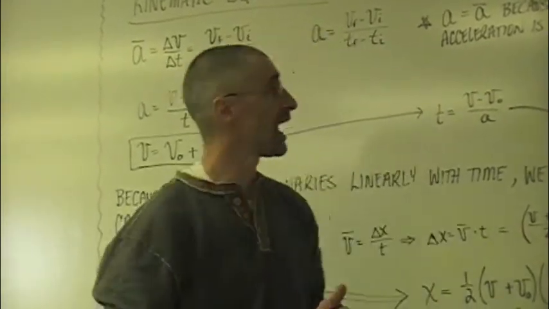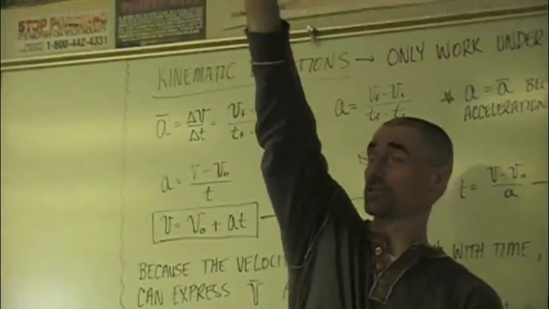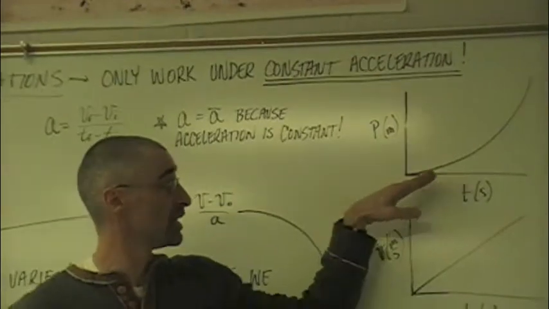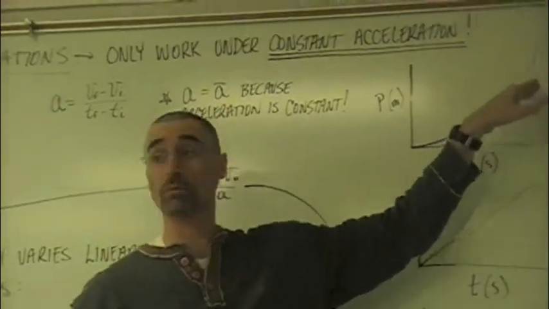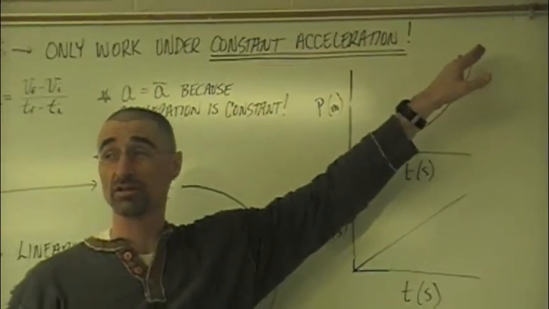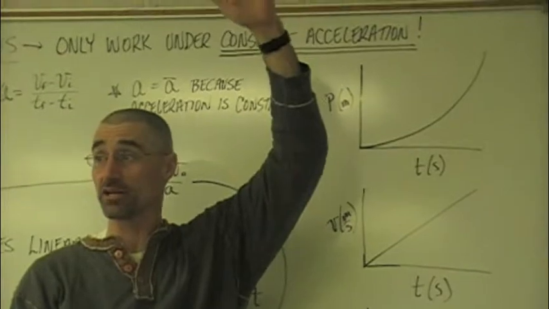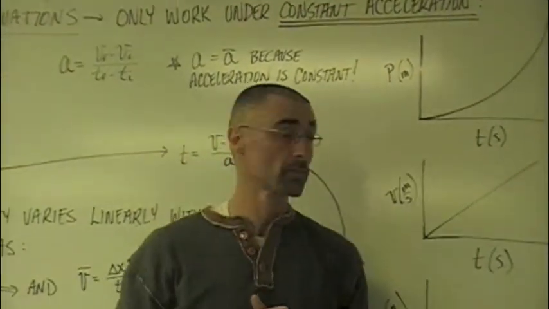Okay. So if I were to put a motion detector on the ceiling and I were to drop this marker, our position versus time curve would start to do this, which means that every second that goes by, you're covering more position. If you're covering more displacement every second, you have to be going faster, which means you are what? Accelerating. Okay?